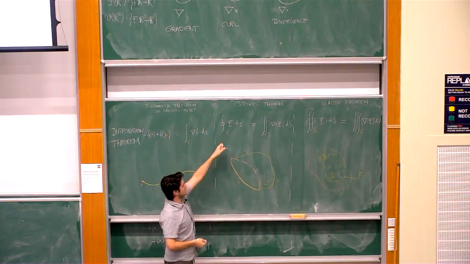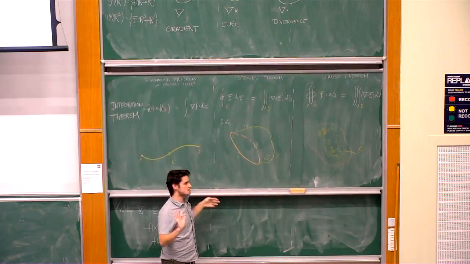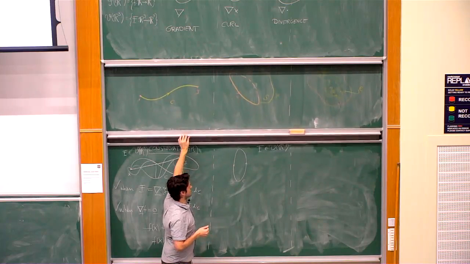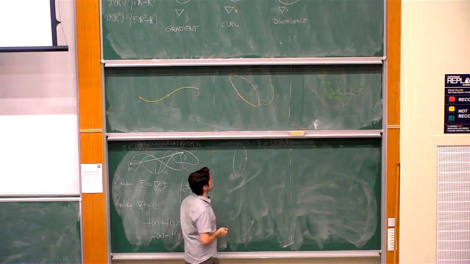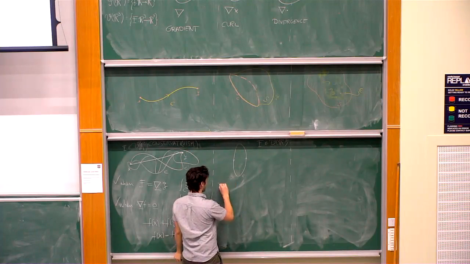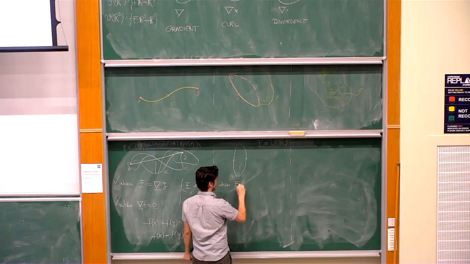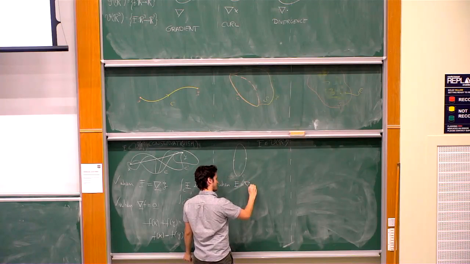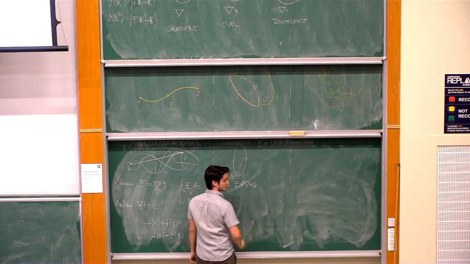Now, imagine that I'm interested in this integral, right? I want to compute the line integral of this vector field. This is in principle a general situation that you've done several exercises of already. So one thing I know is that when that vector field is exactly curl of some other vector field, right?